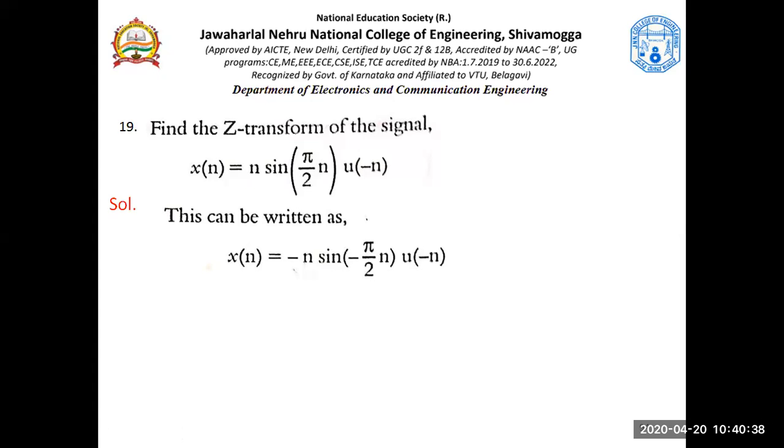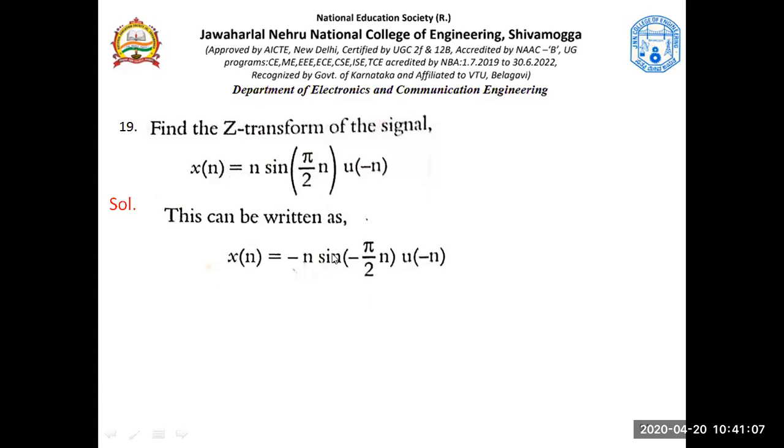Since there was a minus here, I wanted a minus here. If you operate on this, you should get the same signal, because we should introduce a minus sign here, but at the same time the given signal is not changed.